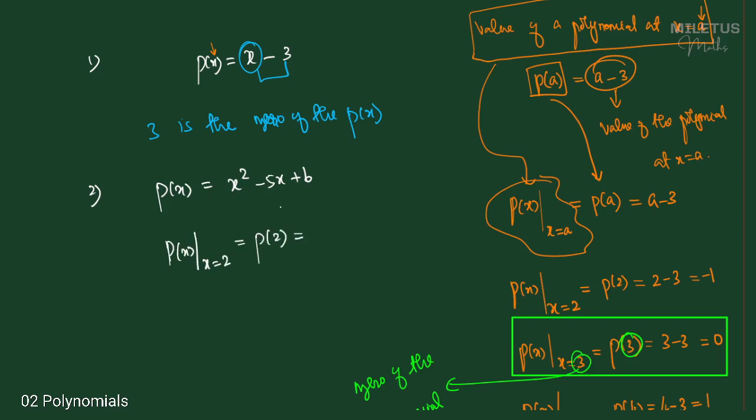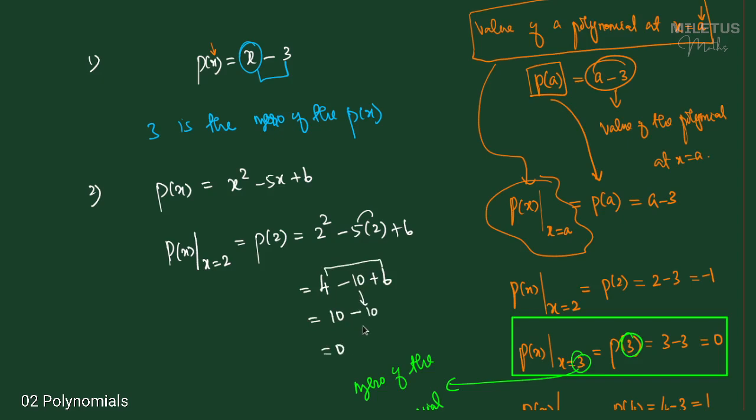I have x square, that means 2 square, minus 5x, that means minus 5 times 2, plus 6. 2 square is 4 and 5 2s are 10, so minus 10 and plus 6.